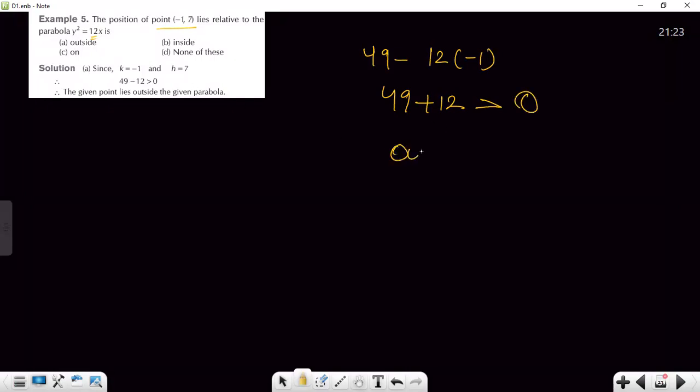So the point is lying outside the parabola. And they have written it like 49 minus 12x. They have mistakenly taken it as negative because y square minus 12x and then x is also negative, so it becomes positive. Doesn't matter, it is still more than 0. So the point is lying outside the parabola. Understood?